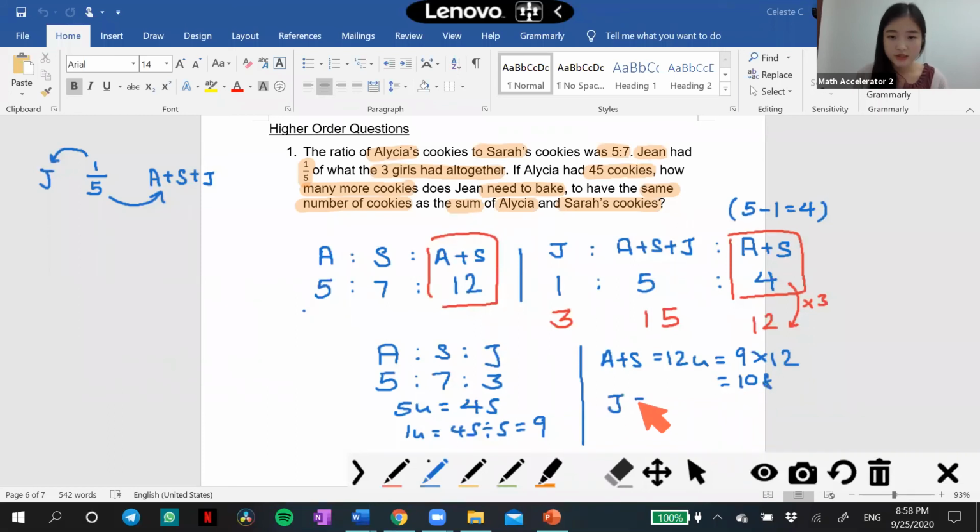And Jean has 3 units. 27. So how many more must she make to be the same as A plus S, 108 here? Find the difference. So your final answer, what is it? Yes, 81. Good.